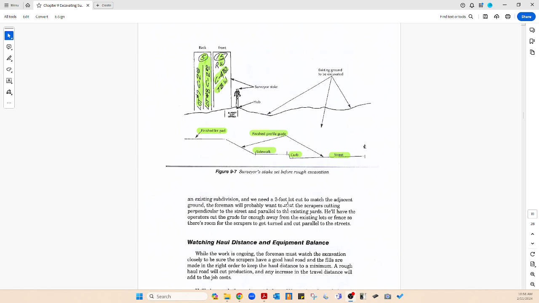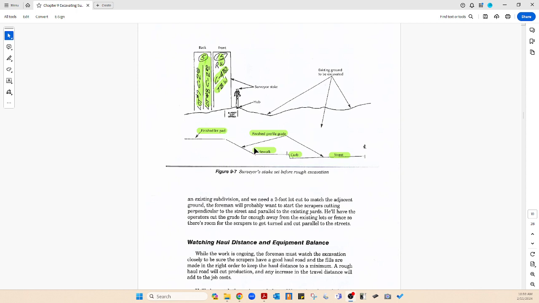The foreman will probably want to start the scrapers cutting perpendicular on the lots, cutting perpendicular to the street and parallel to the existing yards or lots.